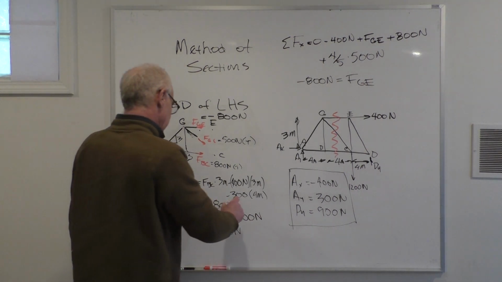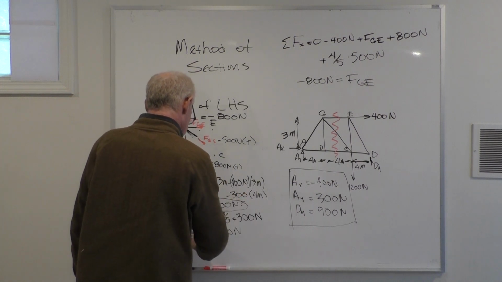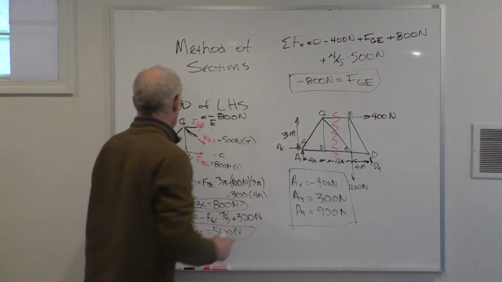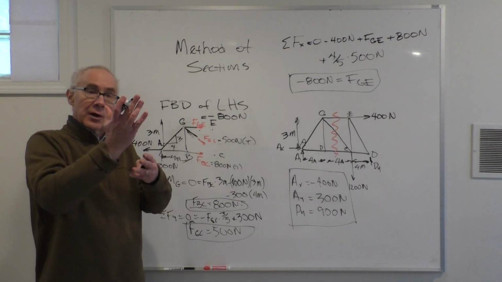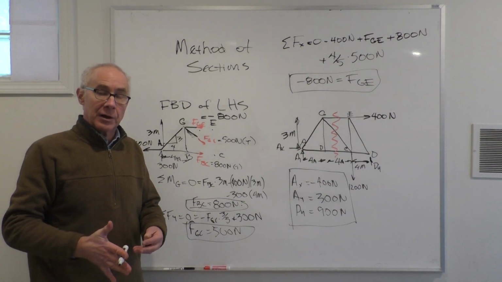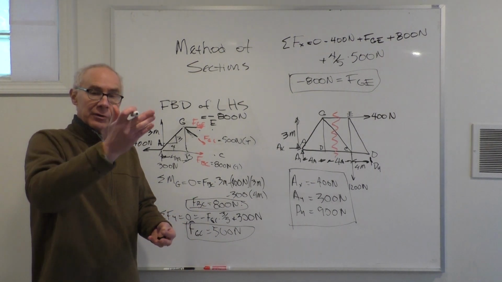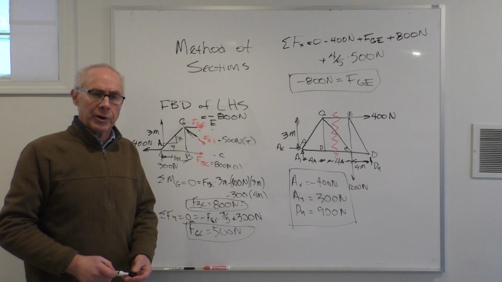Here are our solutions: one, two, and three. All right, so remember the method of sections. First you solve for the external support reactions. Draw a section through no more than 3 members, so you have 3 unknowns.